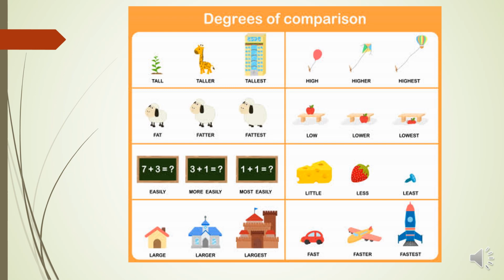Tall, taller, tallest. Fat, fatter, fattest. Easily, more easily, most easily. Large, larger, largest. High, higher, highest. Low, lower, lowest. Little, less, least. Fast, faster, and fastest.